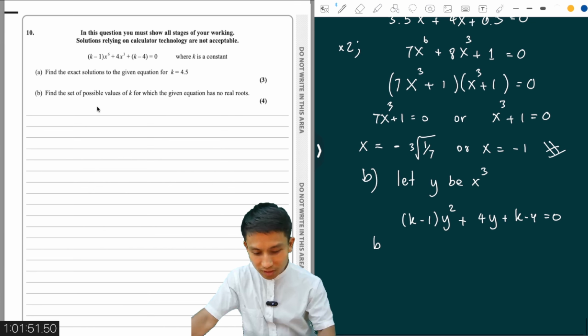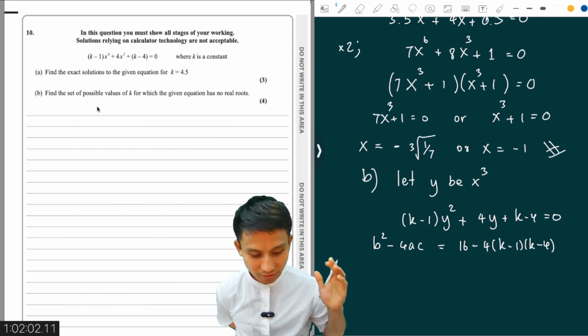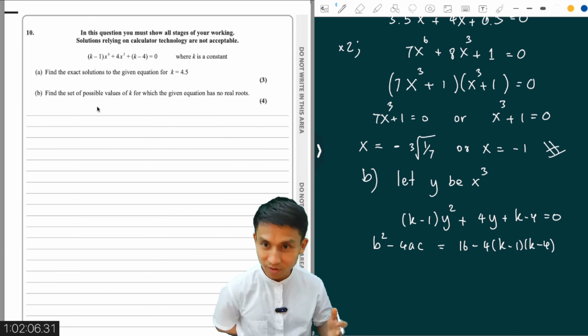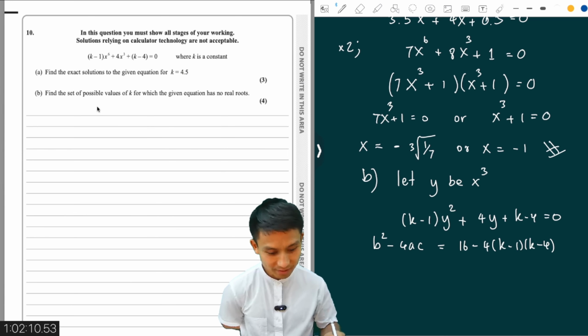And then we do the discriminant. So b squared is 16 minus 4 times a times c. And you can see that it's kind of similar to if I didn't do letting y be x cubed, right? And that should be what you end up with anyway.